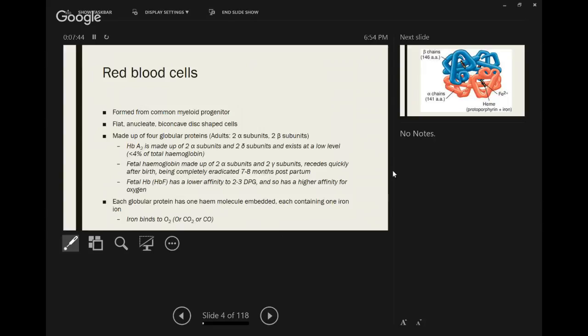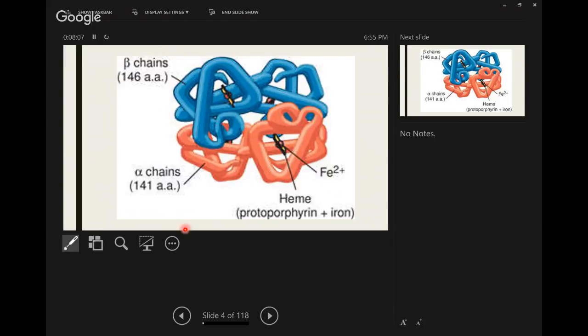It also has a lower affinity to 2,3-DPG, and so it has a higher affinity for oxygen. I think I've given away one of the answers to the question. Each globular protein has one heme, so we've talked about that. Also, the iron ion binds to carbon dioxide or carbon monoxide if the hemoglobin is carrying that around.